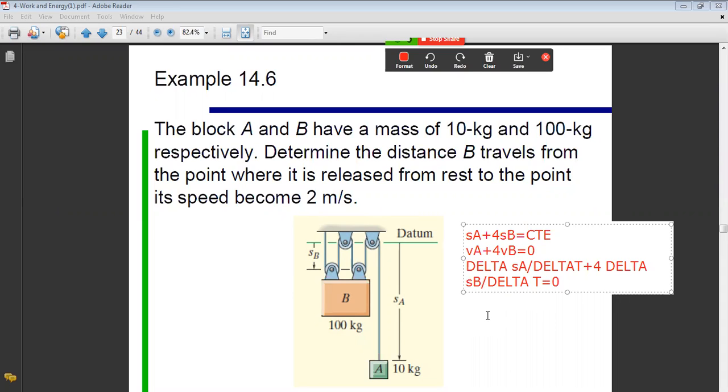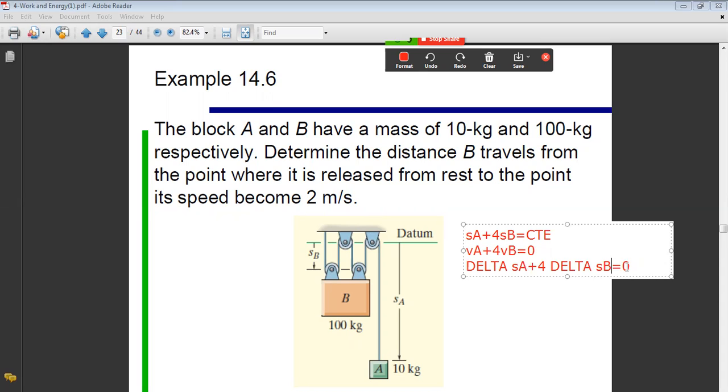This means that the displacement of A can be related to the displacement of B. So I get the relation between the displacement: delta SA plus 4 delta SB equals 0.